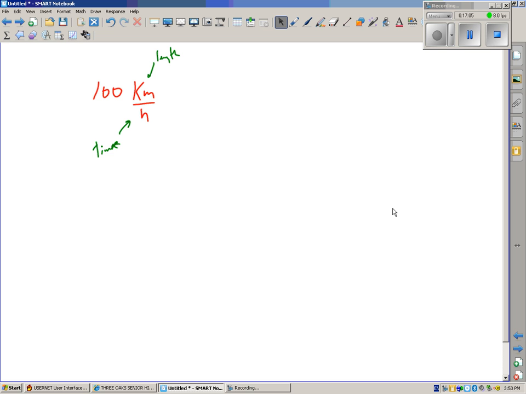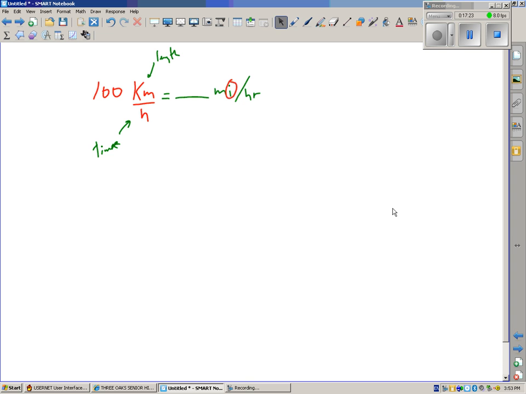And maybe somebody says, okay, if I'm going 100 kilometers an hour, what am I going in miles per hour? Remember, don't put just M because that's going to look like meters. You've got to have the I there when you're talking about miles.